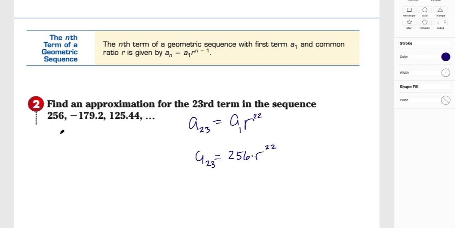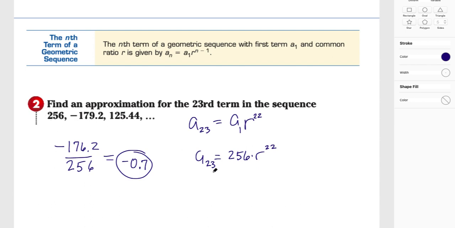We're going to use a calculator most definitely. And so what I need to do is figure out what the common ratio is. So I'm going to take -176.2 and I'm going to divide that by 256. When I do that, I get that the common ratio is going to be approximately -0.7. All right, so this is my common ratio, and I knew it was negative because I saw this sign flip-flopping. I said, oh, it's got to be negative.